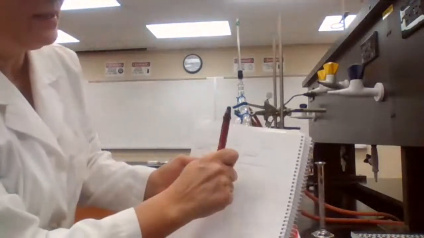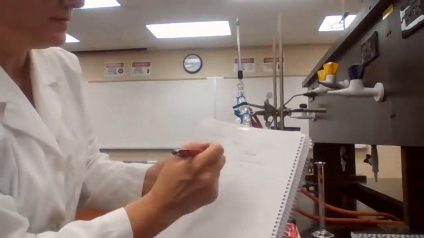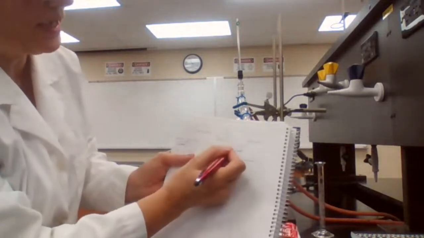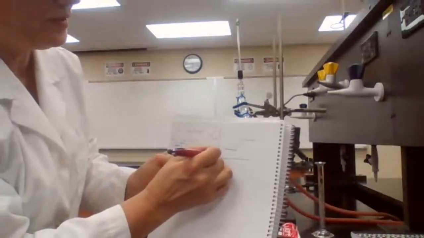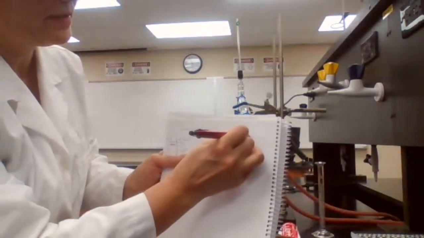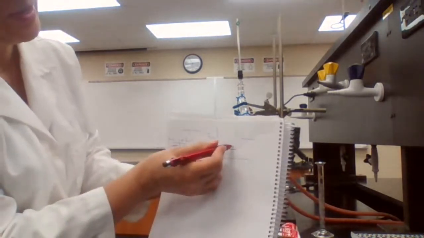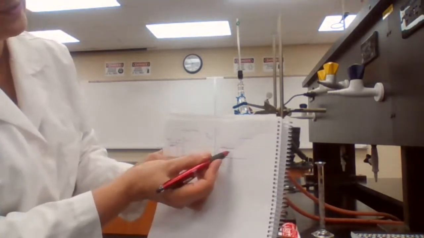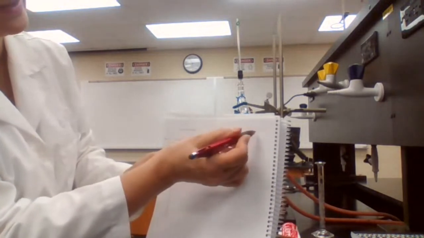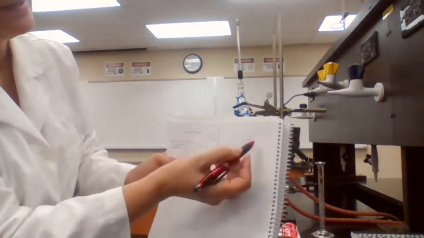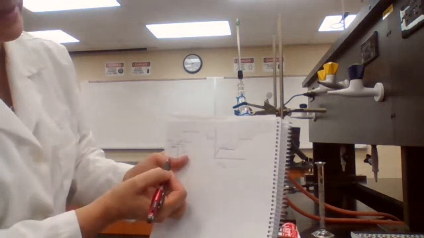So the graph that you get from your data today may not be straight like this. You might get something like that. Still, you see you have a small plateau for the first compound, or mixture still, and a plateau here for the second compound.